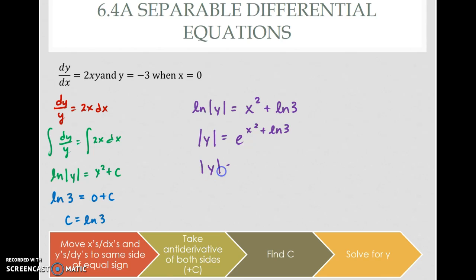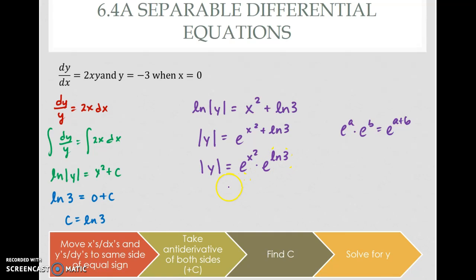So absolute value of y is equal to e to the x squared times e to the natural log of 3 because of this rule, e to the a times e to the b is equal to e to the a plus b. So sum of exponents rule.